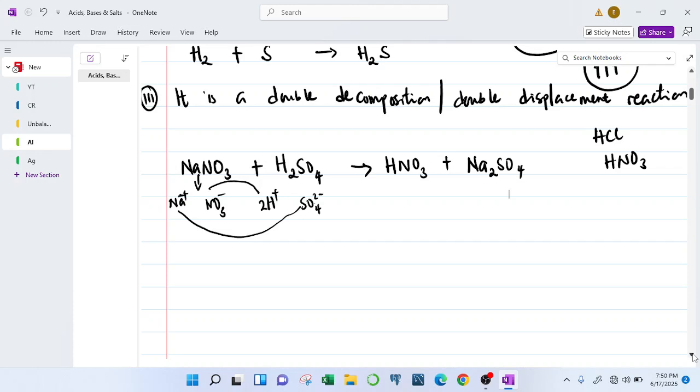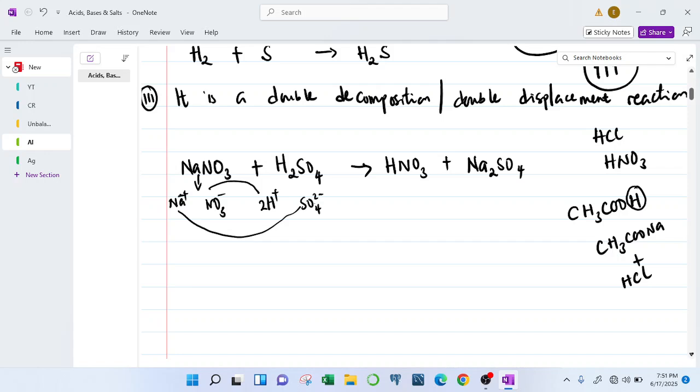Organic acids. So if I know an organic acid, which is one of the most popular, acetic acid, how do I get a salt? This is the removable or replaceable hydrogen. I simply take it out and replace it with a metal. So when that reacts with a strong acid, because it's a weak acid now, that means any strong acid can do the displacement.